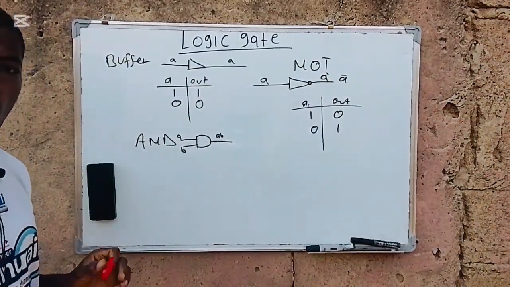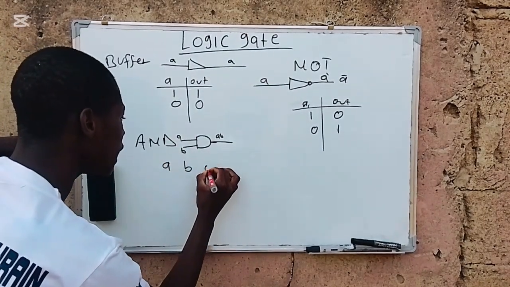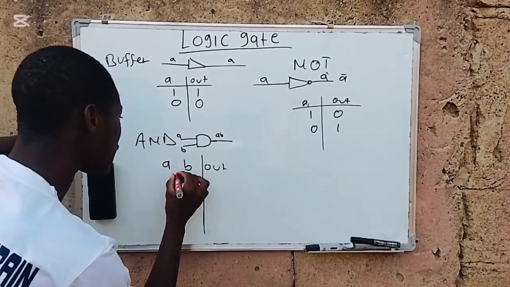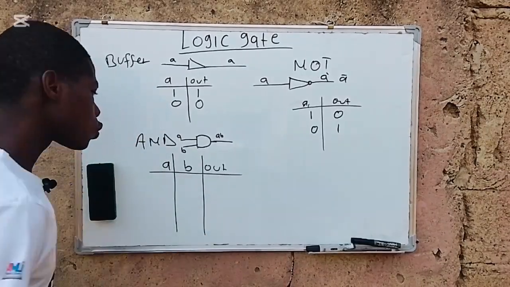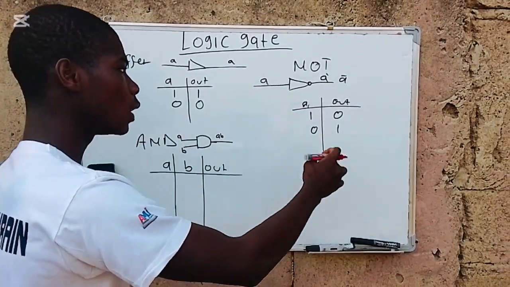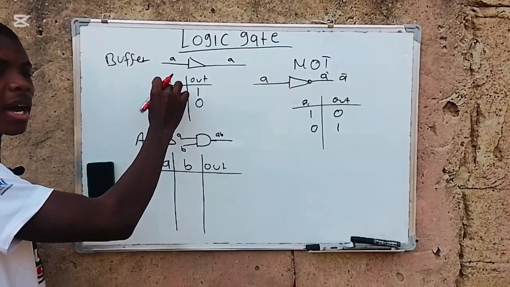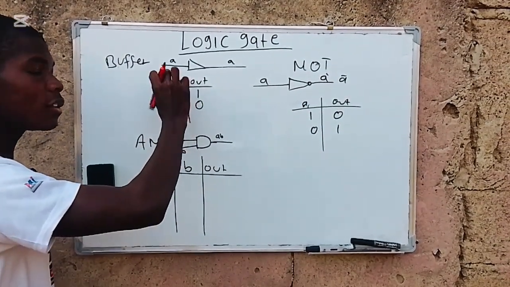So what is the truth table? We have A, we have B, and we have the output. In the buffer, whenever the input is 1 the output is 1.